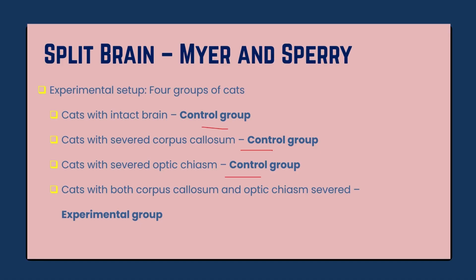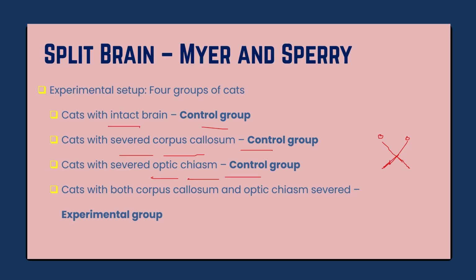So the first control group were cats with intact brain. The second control group was cats with severed corpus callosum. The third control group was cats with severed optic chiasm. We remember what is the optic chiasm, right? It's that part where the nerves coming in from left and right eye cross each other, right?